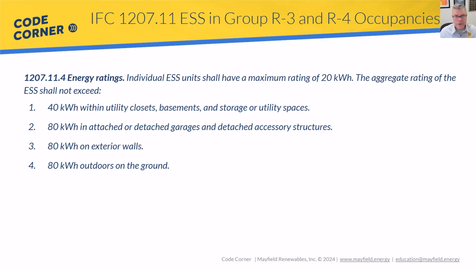What that essentially means is you're going to install these as if they were a commercial application. So yes, you can have a 30, 40 kilowatt hour unit, but now you have to follow the rules of commercial installations, which are typically a little more arduous and more difficult to comply with. So keeping within these limitations really helps you out, and it behooves you on the residential application side. But there are options to go larger if you want to.